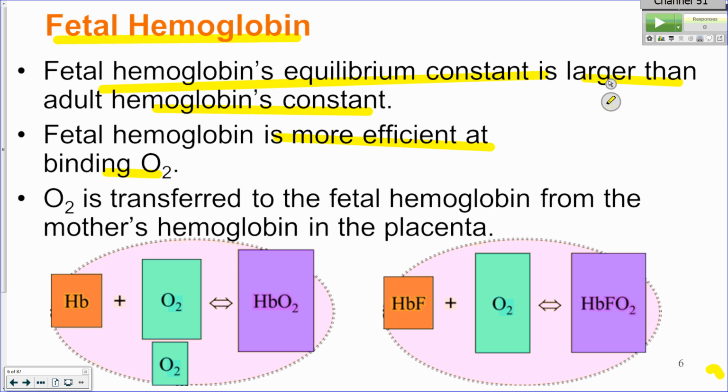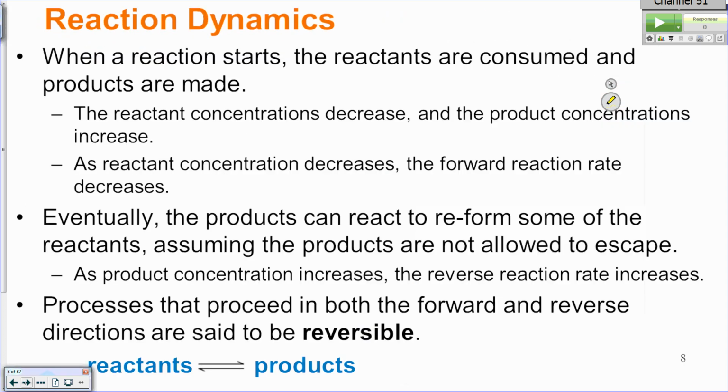So if you've had some physiology or understand what's happening inside of the placenta, if we think of the process, we've got hemoglobin binding to the oxygen inside of the placenta, and you have a transfer of the oxygen that's coming in from the mother to that of the fetus. So the hemoglobin from the fetus has to bind it more strongly.